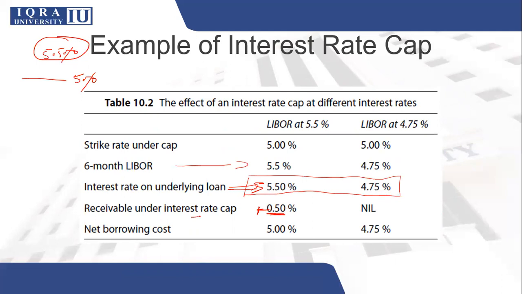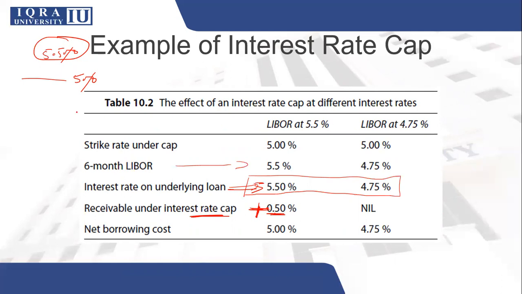But because he has an interest rate cap, there will be an interest rate cap writer. Remember, whenever you're talking about an option, there is a seller of the option whom we call a writer. So the other person on the other side will have to pay the 0.5% to the treasurer if it goes above the cap, because the treasurer is going to utilize his option in that case.